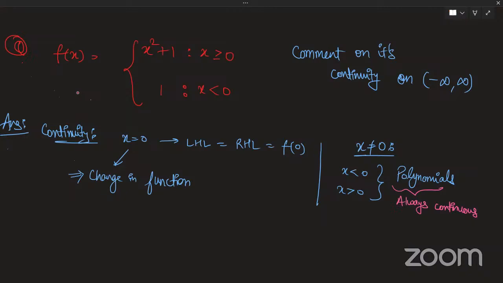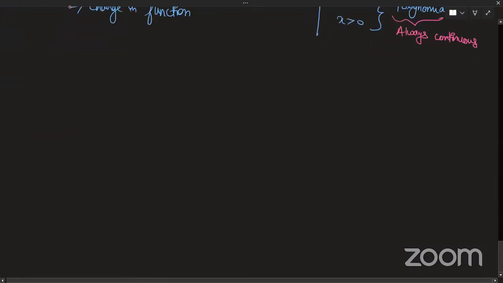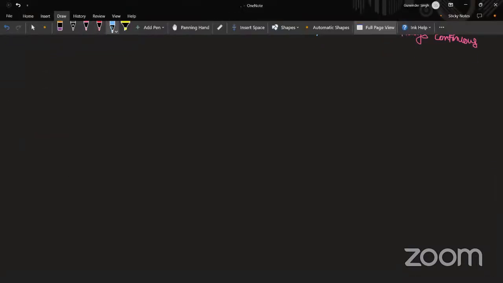But if x is not equal to 0, either my x is lesser than 0 or greater than 0. In both cases, I have got polynomial functions, so I don't need to check if it is continuous or not, because both of these are polynomials. They will obviously be continuous. Okay, so now in the same function, let us check the LHD and RHD.